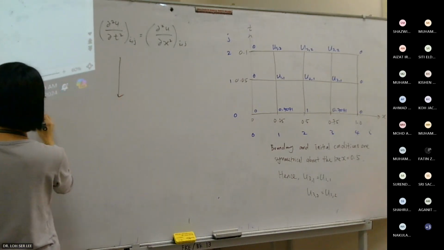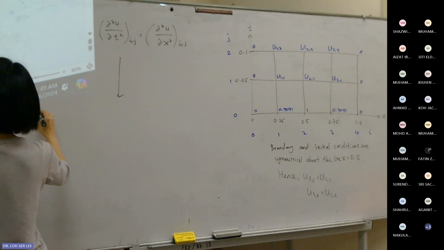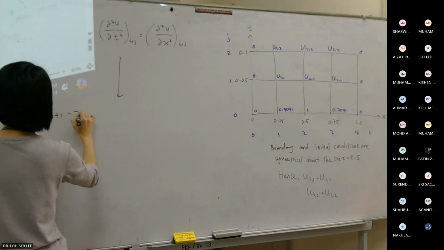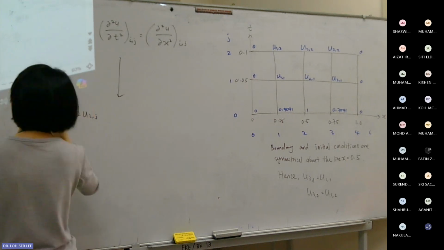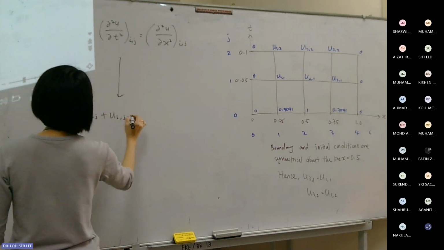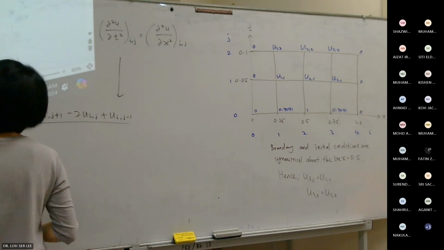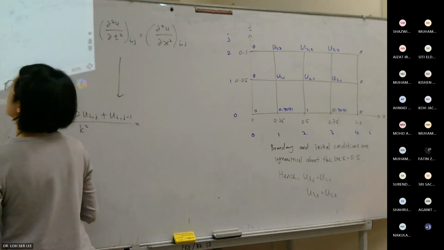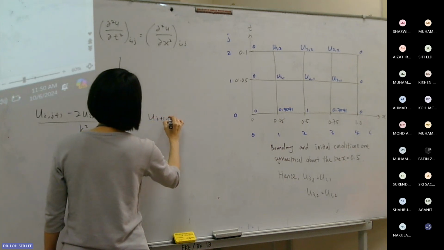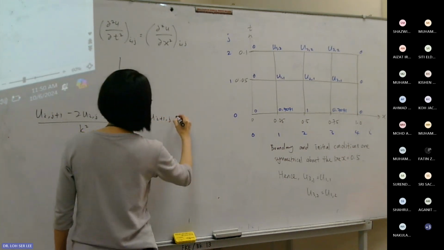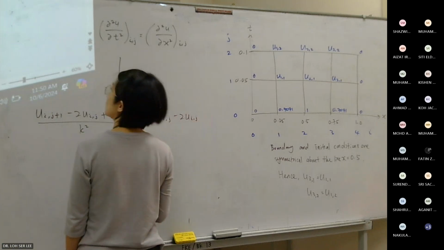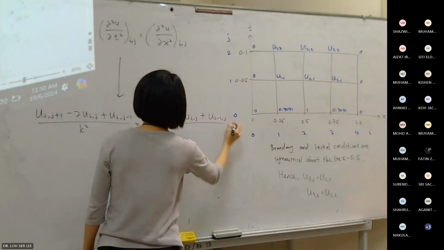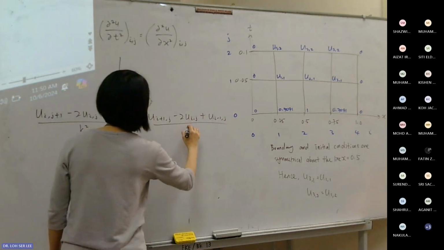Here, u i j plus 1 minus 2 u i j plus u i j minus 1 over k squared equals u i plus 1 j minus 2 u i j plus u i minus 1 j over h squared.